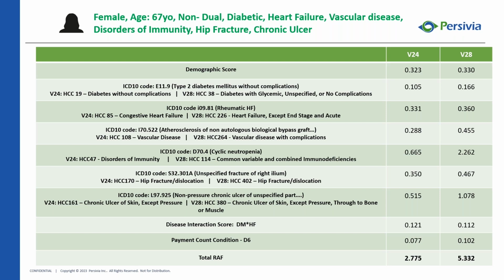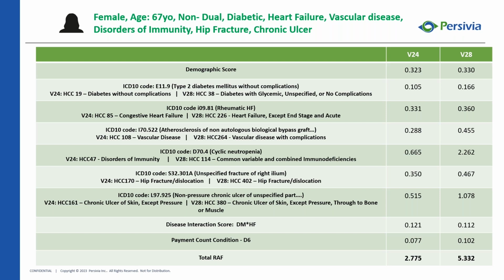Moreover, you can see that there's a significant difference in the relative factors for the payment count conditions between the 2 models. The payment count conditions have a higher relative weight under version 28, but this weight is only assigned if the patient has 5 or more conditions. Previously, in version 24, it was 4 or more conditions. This also reminds me that the relative factors assigned to dually eligible patients are higher.